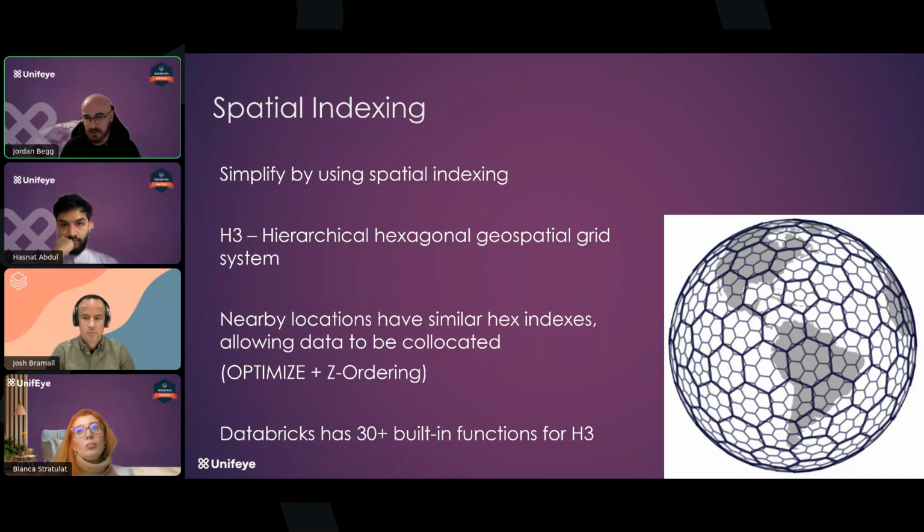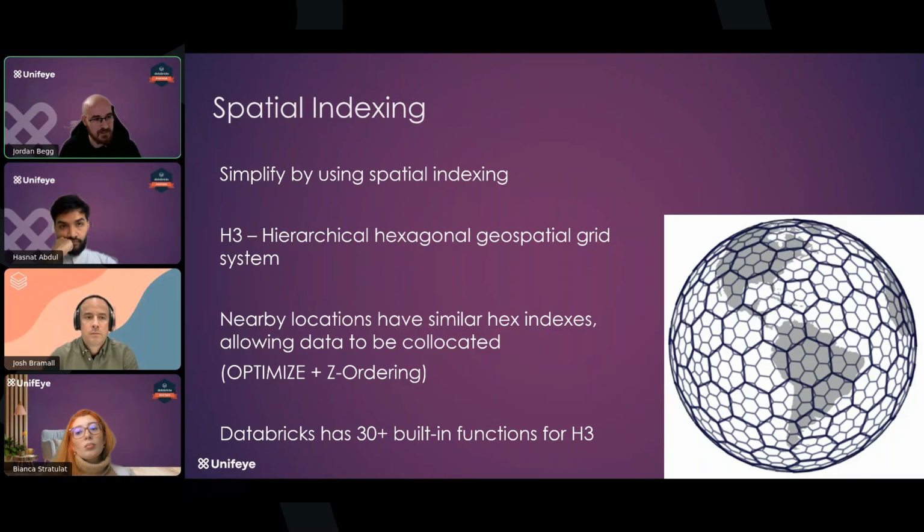It's a hierarchical hexagonal geospatial grid system, and it's shown there on the right. Basically, it's made up of layers of hexagons. At the top level, you've got a very coarse set of hexagons, and then they have children, which have children, which have children, for about 16 layers. So at the very finest level, you get to a resolution of around a meter squared, a little less.